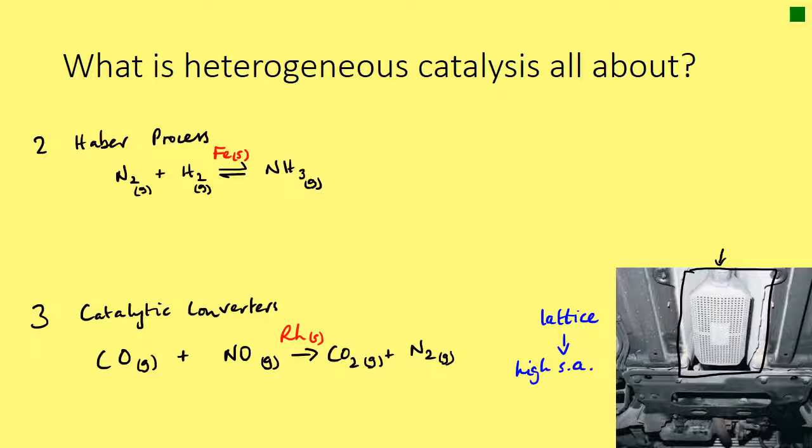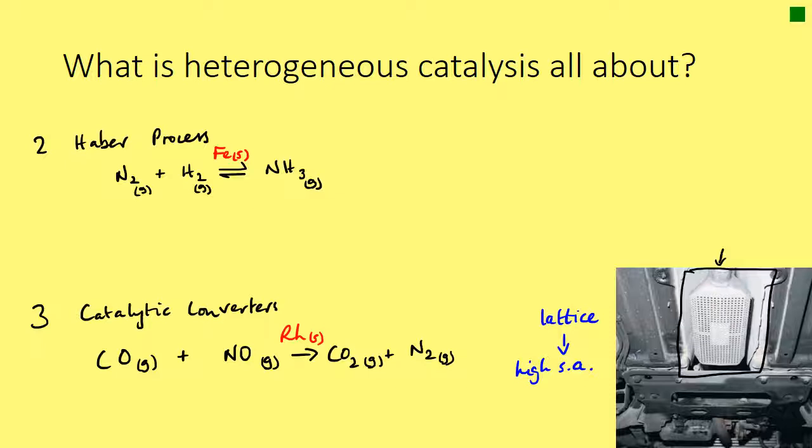And so the reaction of carbon monoxide and nitrogen monoxide is not only sped up by the fact that you're using a catalyst, but also that there's a very high surface area on which the reaction can happen. And that's provided by the honeycomb shape or the lattice shape of the catalytic converter.